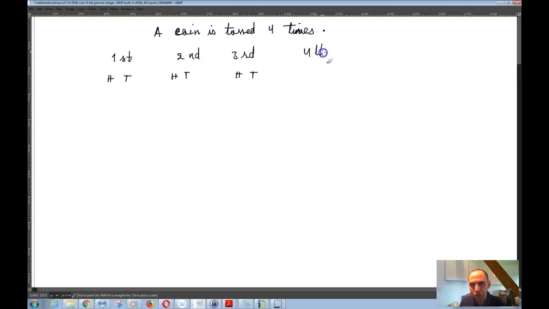And the fourth throw you will get either heads or tails. So now you will need to find a way to combine these. So what I can do is that I can take the results of.